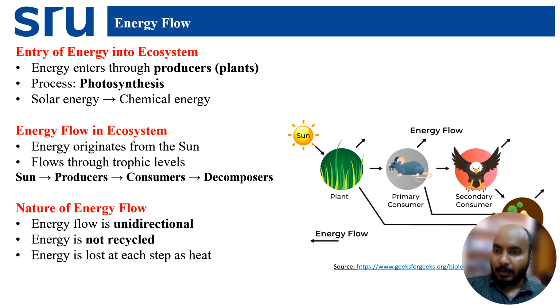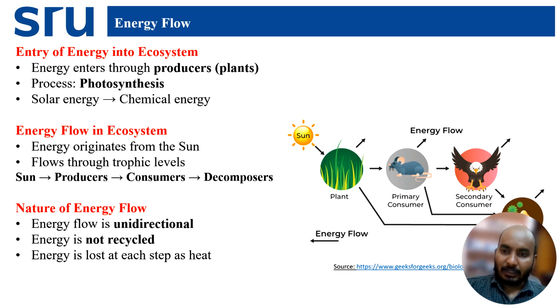And the third point, energy decreases at each step because of losses in the form of heat, because of respiration, movement, etc. This continuous loss limits the number of trophic levels in the ecosystem.